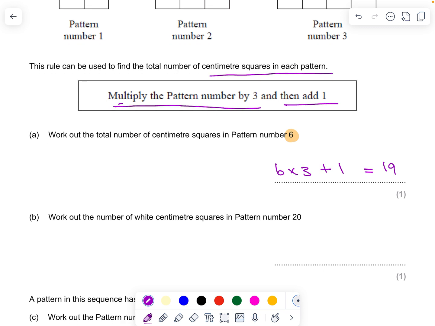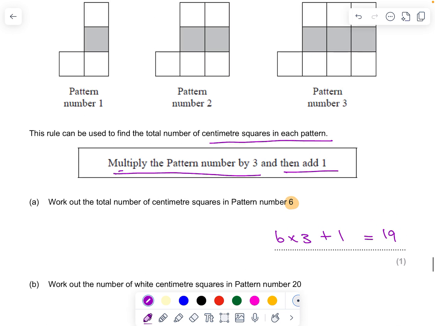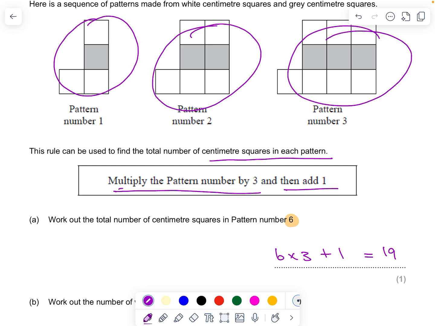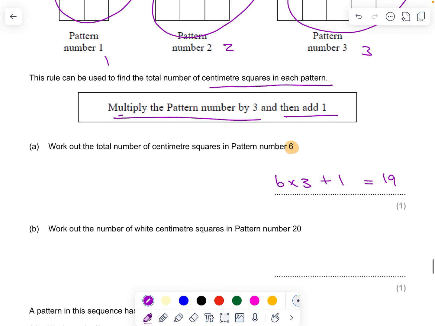Work out the number of white centimetre squares in pattern number 20. Okay, so you can see here that if you look at all the patterns that are up here, in pattern 1, there's 1 grey. Pattern 2, 2 grey. In pattern 3, 3 grey. So you would expect pattern number 20 to have 20 grey.